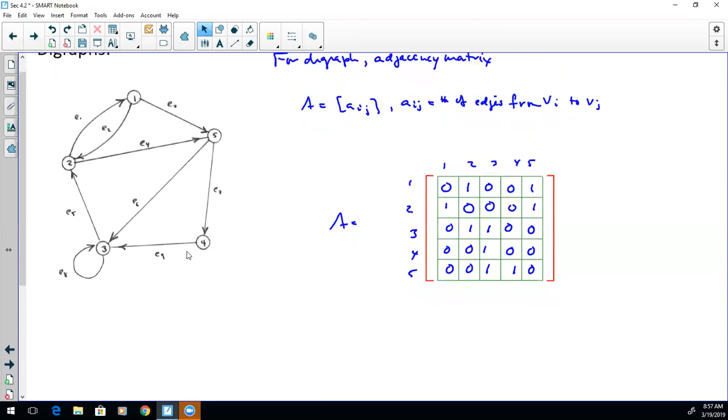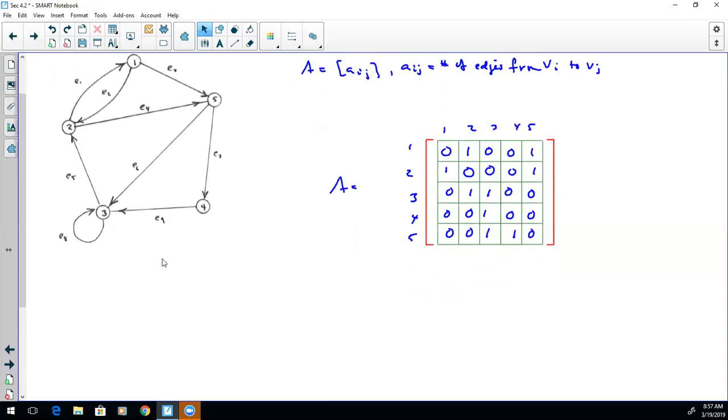Okay, now we'll talk about degree things for a digraph, for a directed graph. The out degree of a vertex, okay, that's the number of edges from it.